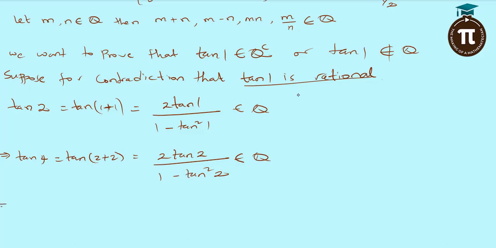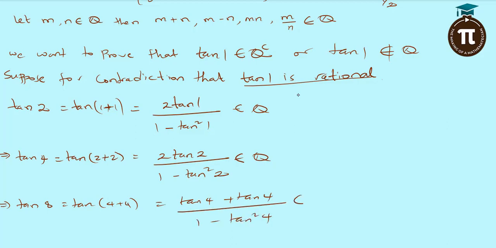So it follows like that tan8, which is also equal to tan of 4 plus 4, which is equal to 2 tan4 all over 1 minus tan square 4, will also be rational from our assumption.